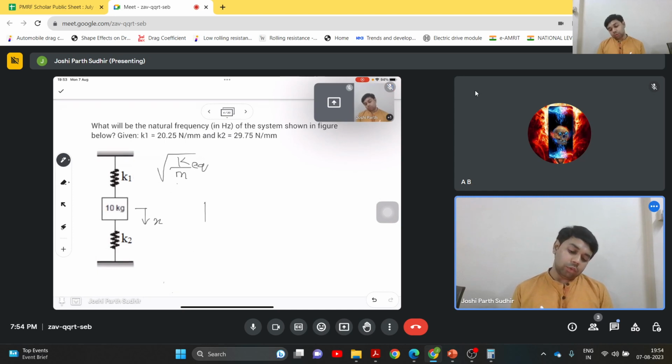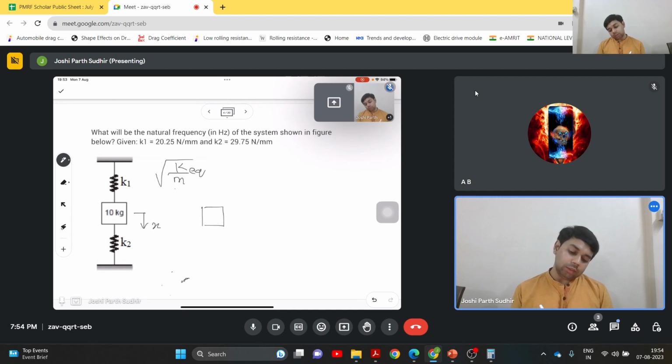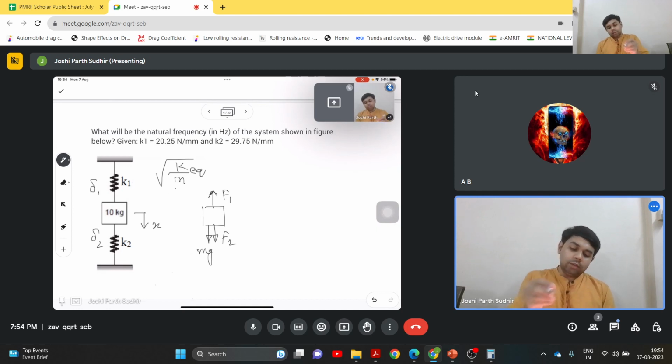Let us say the forces are F1 and F2, and there will be some weight mg also acting. The deflections delta 1 and delta 2 of these springs are related such that delta 1 is equal to delta 2.